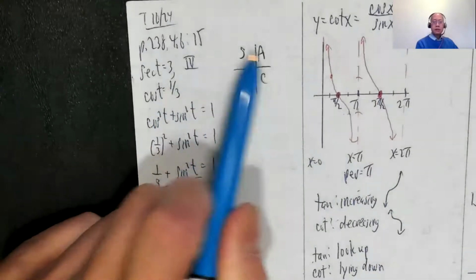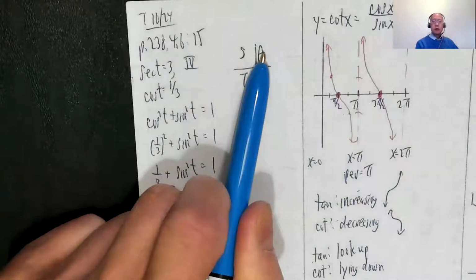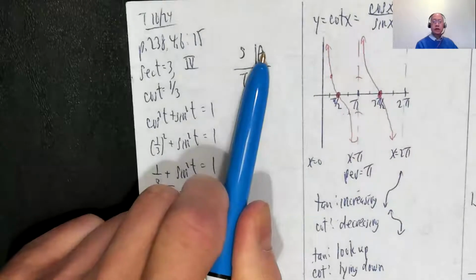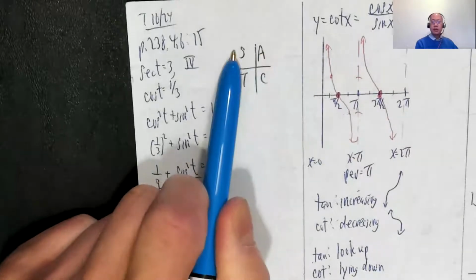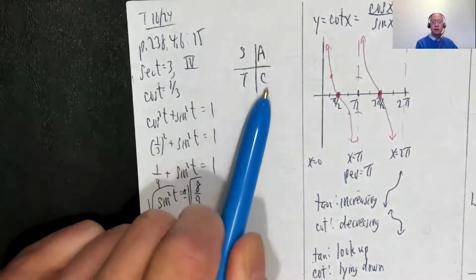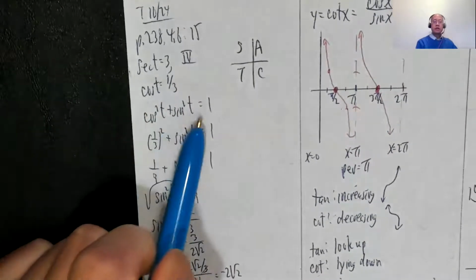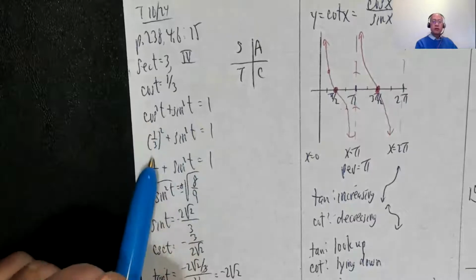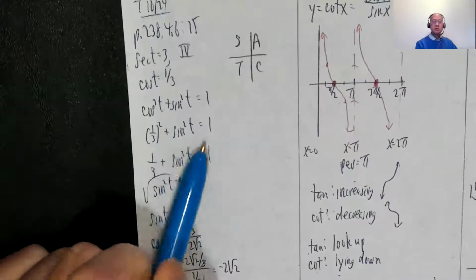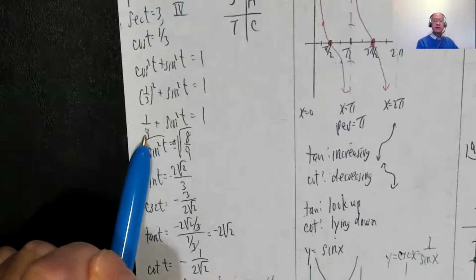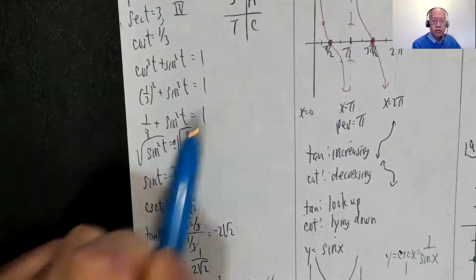Okay, this is all students take calculus. All three trig functions, sine, cosine, tangent, are positive. Only the sine is positive, only tangent, only cosine. All right, so use cosine squared t plus sine squared t is 1. 1/3 squared plus sine squared t is 1.